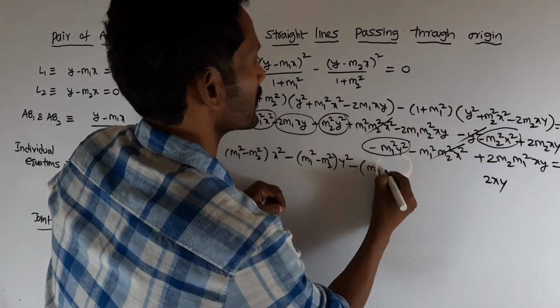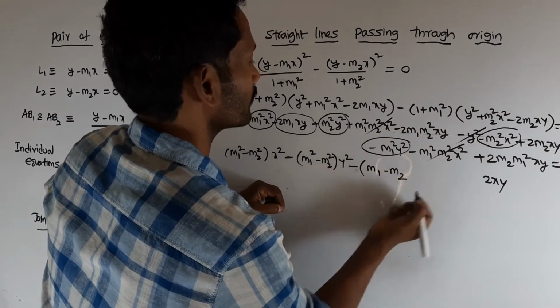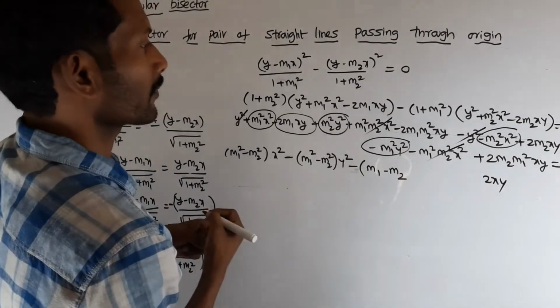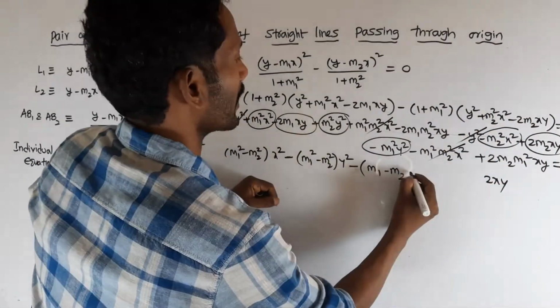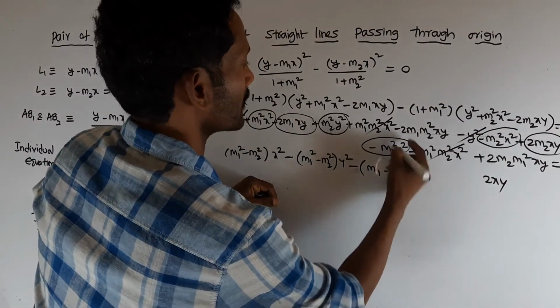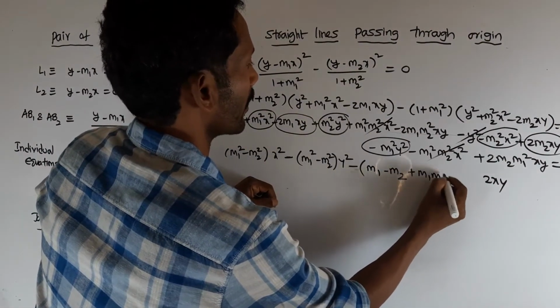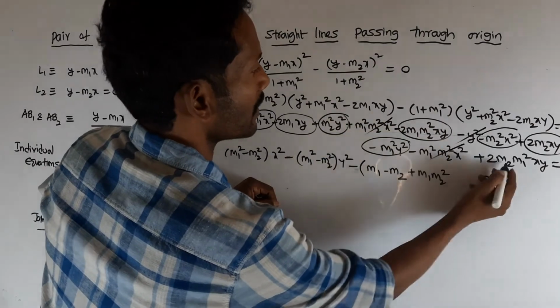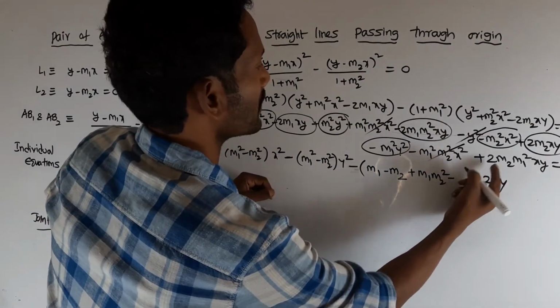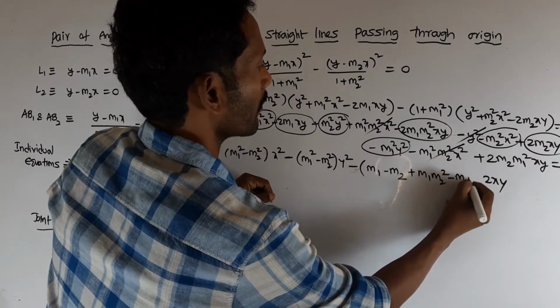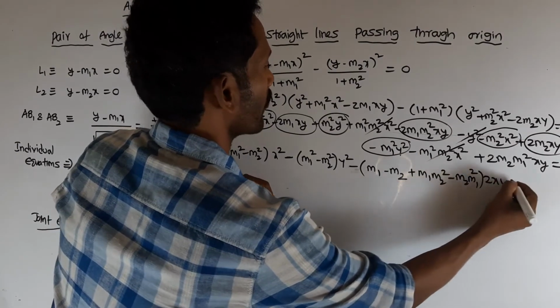Next one, this one is the minus m2. This one over. Xy minus m1, minus means plus m1 m2 square. This one over. Last term is minus m2 m1 square equal to 0.